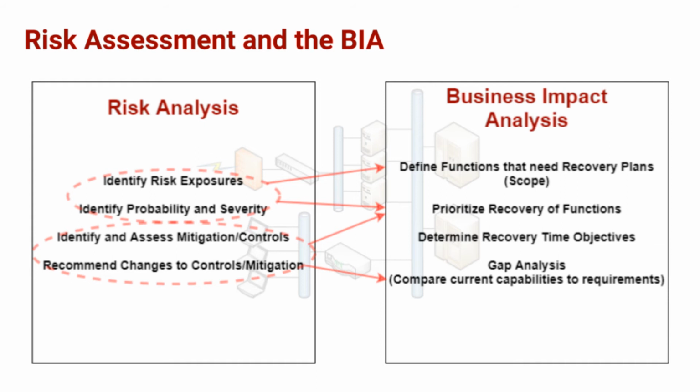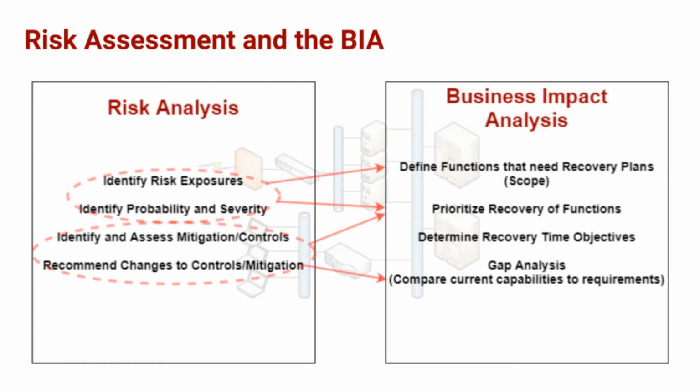Here we can get an idea for how the risk assessment can feed into your business impact analysis process. Knowing your risk exposures and what their probability and severity are can feed directly into the ability of the business impact analysis to determine the scope of your recovery plans and prioritize the recovery of your business functions.